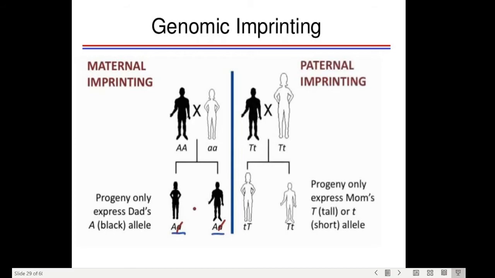In maternal imprinting, the first generation, the mother cells, have the major father character, because dad is the black one.